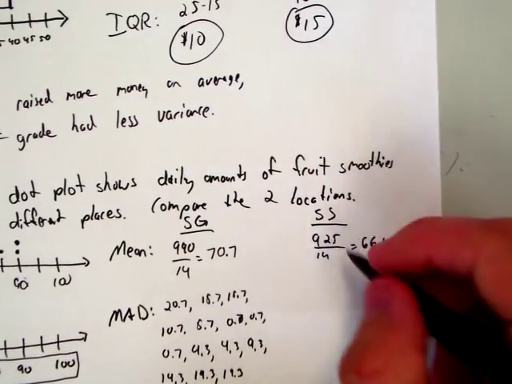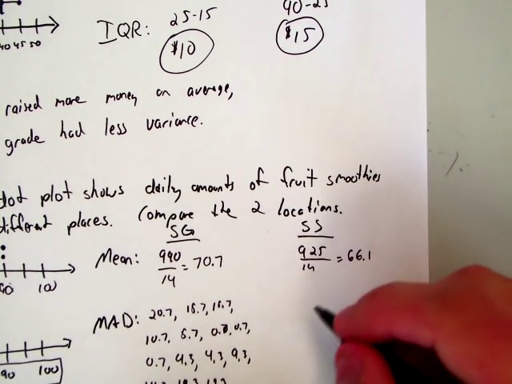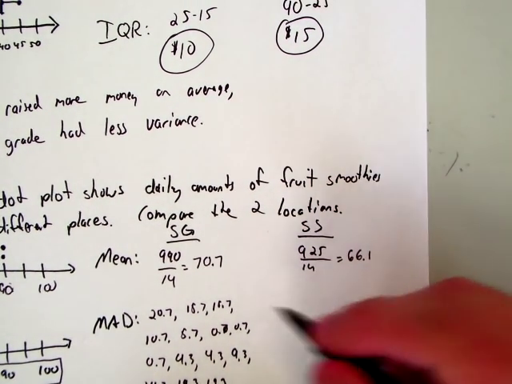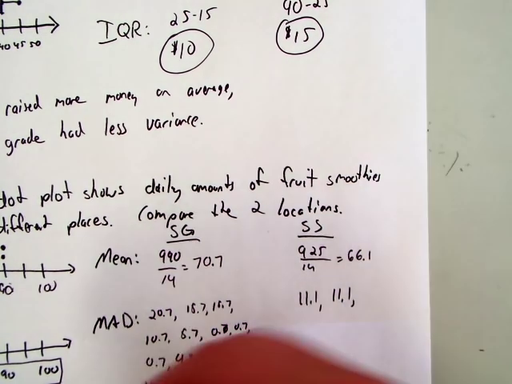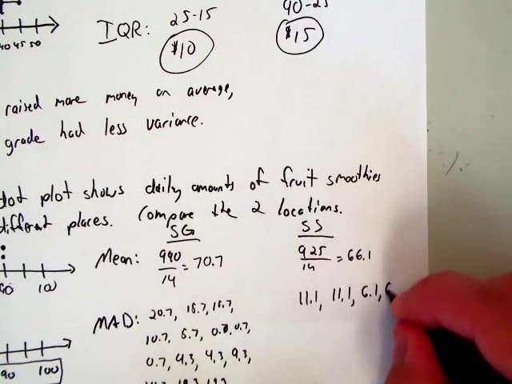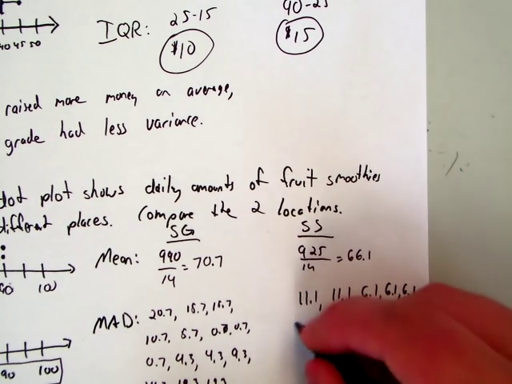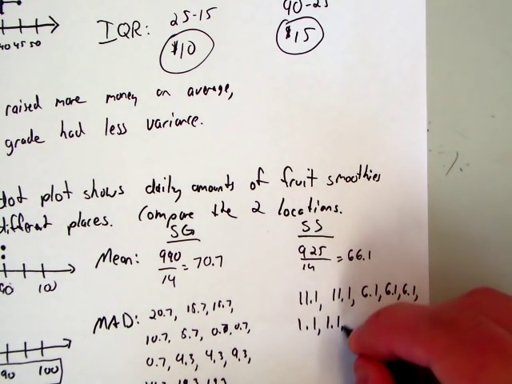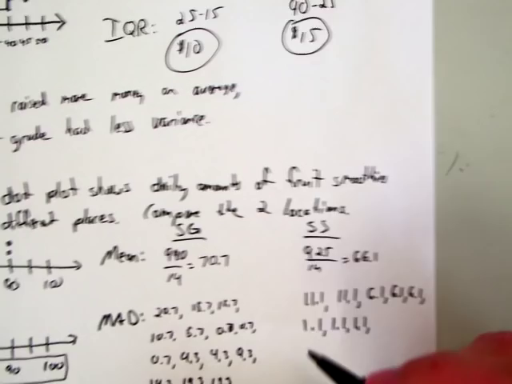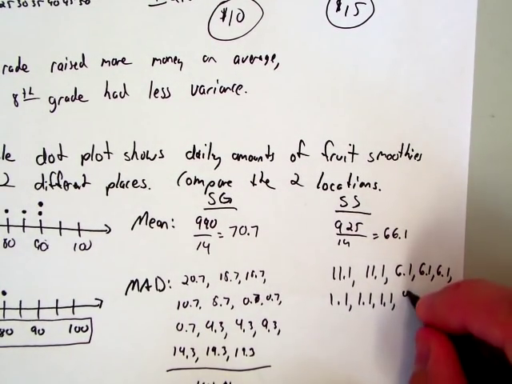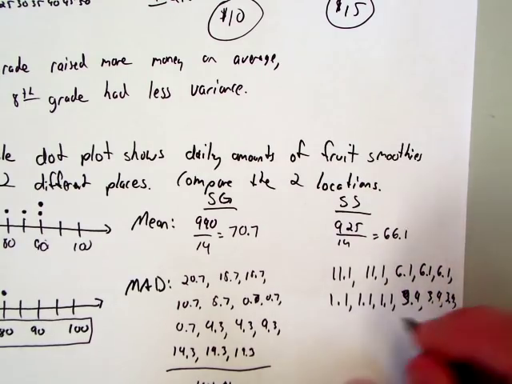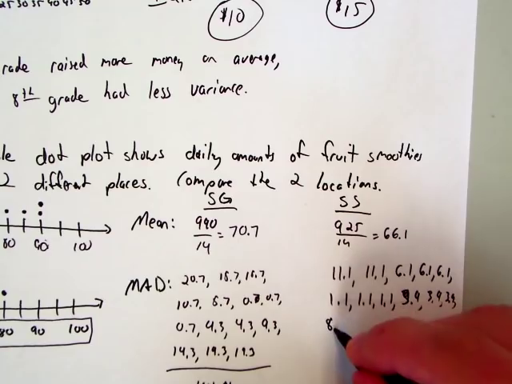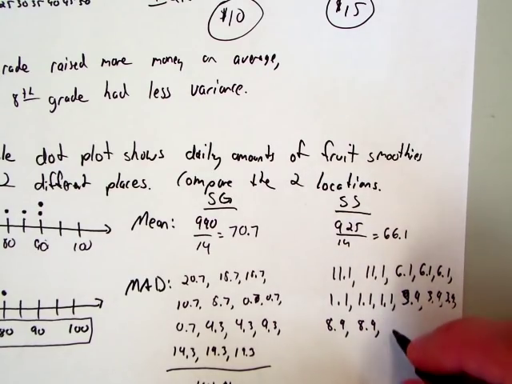Same thing with these smoothies, Sunshine Smoothies. So 66.1 minus 55 would be 11.1. I'd have 2 of those. With the 60, I'd have 6.1, 6.1, and 6.1. I'd have 1.1, 1.1, 1.1. When I move over to the 70s, then I have 3.9, 3.9, and 3.9. 75, I'd have 8.9, 8.9, and then the 80 would be 13.9.